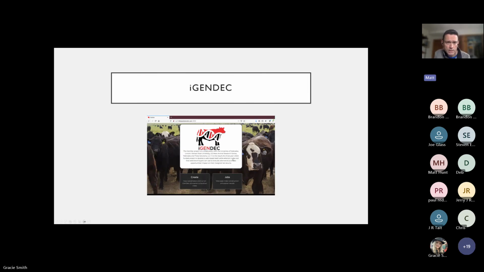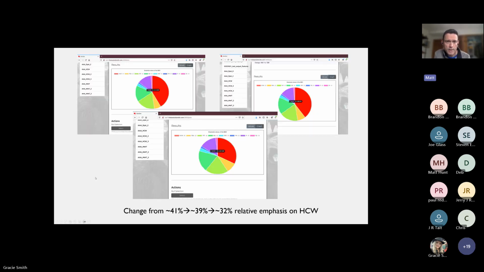On the upper left, the red part of these pie charts is the relative emphasis for hot carcass weight, which means, relatively speaking, how important is hot carcass weight as a driver of profit.